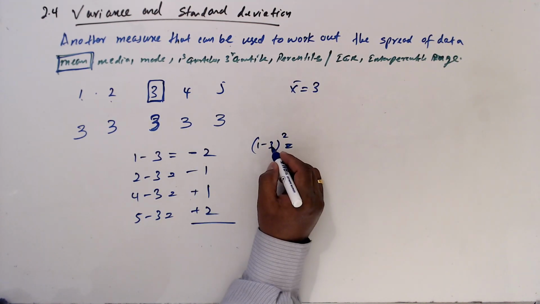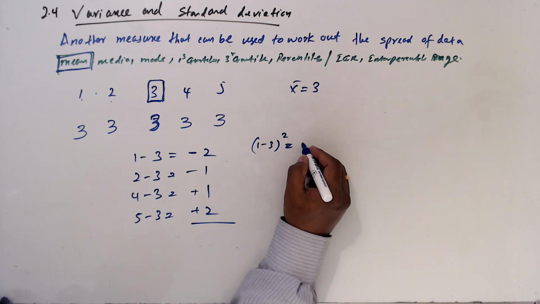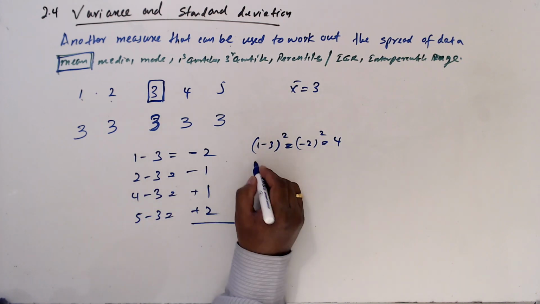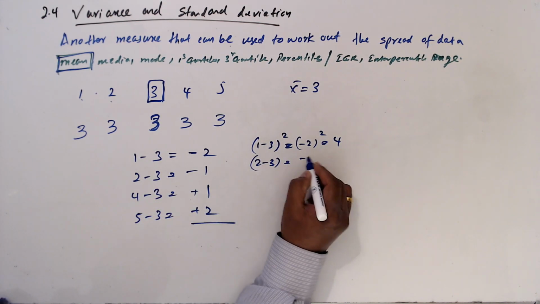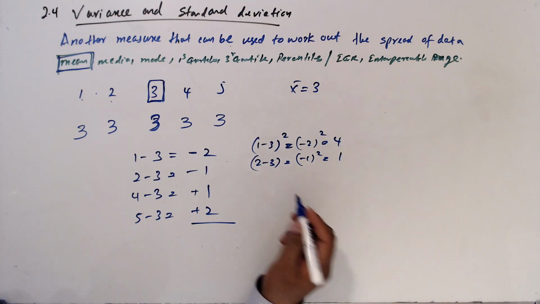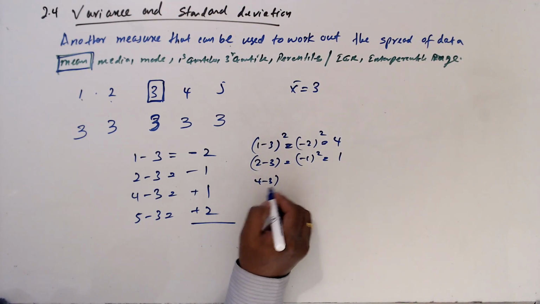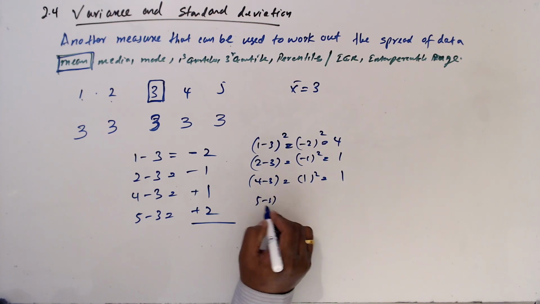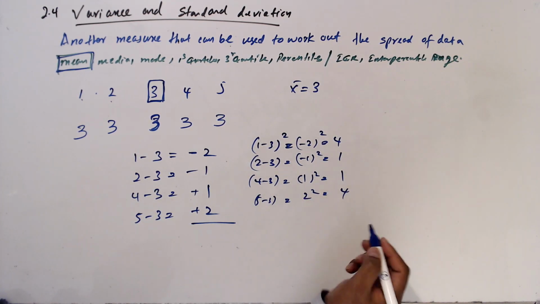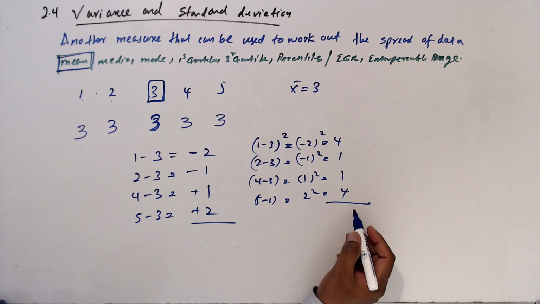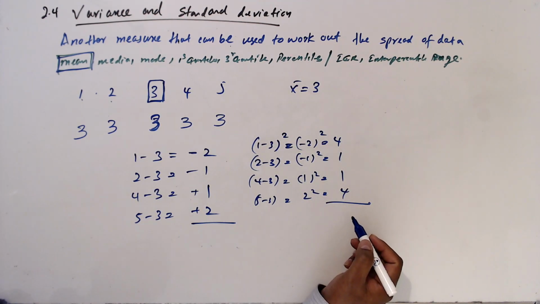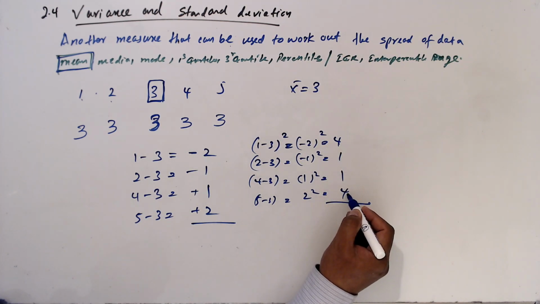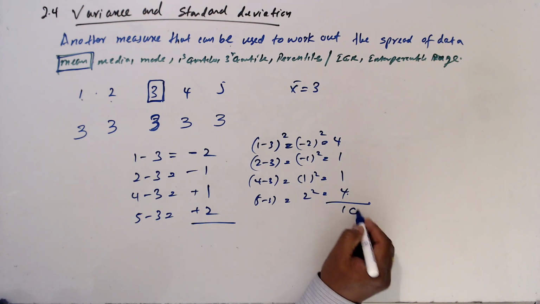So 1 minus 3 is minus 2, squared is 4. Then 2 minus 3 is minus 1, squared is 1. Then 4 minus 3 is 1, squared is 1, and 5 minus 3 is 2, squared is 4. Now I can find the total squared difference. This is 4 plus 1 is 5, plus 1 is 6, plus 4 is 10.